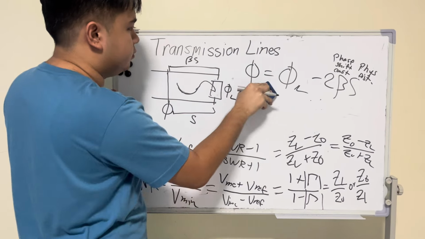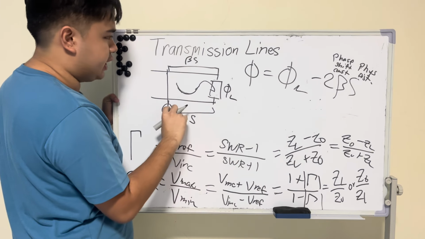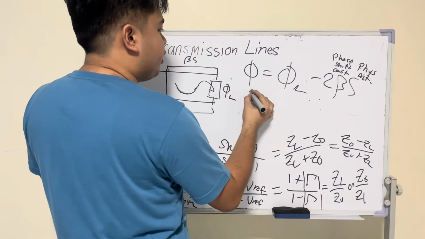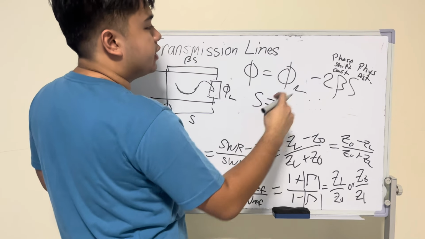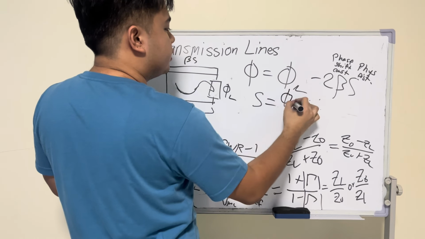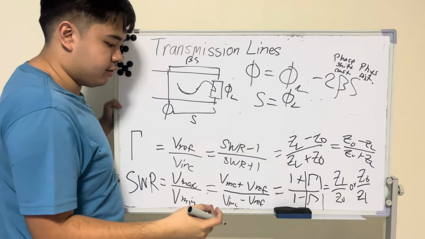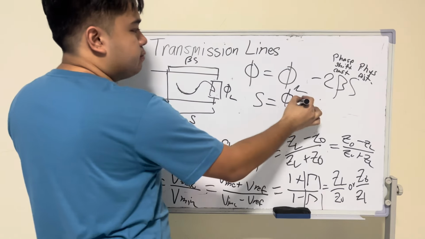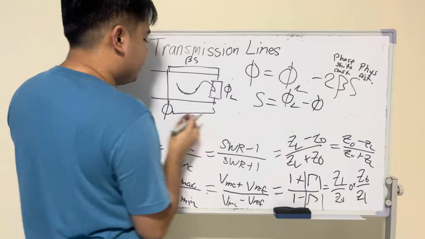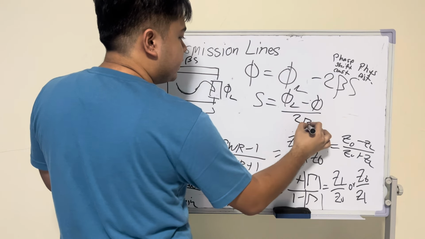Now, if you want to find the s, knowing that the phase has changed here, we only need to isolate s here. And actually, the answer would be the phase in the load, the reflection coefficient. This is the argument of the reflection coefficient, the angle, minus the phase on where you want it over 2 beta.